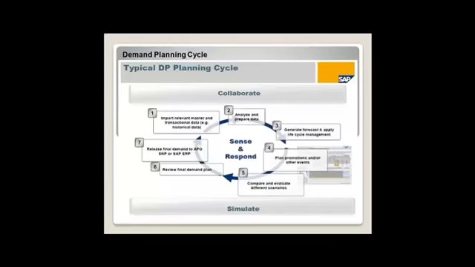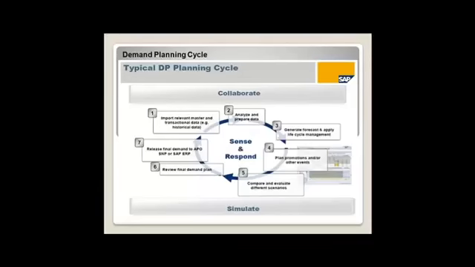Okay. Now, the demand planning cycle. Normally, where is the demand planning going to start and where is it going to end? It's an end-to-end process for the demand planning.